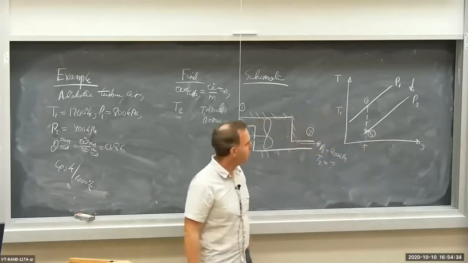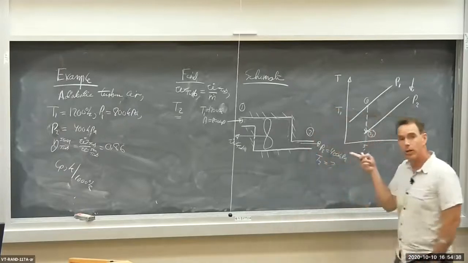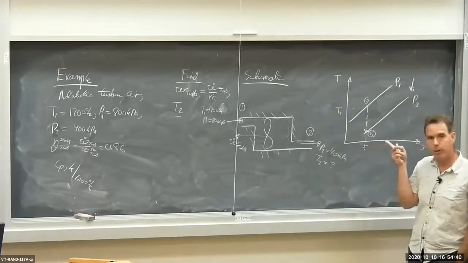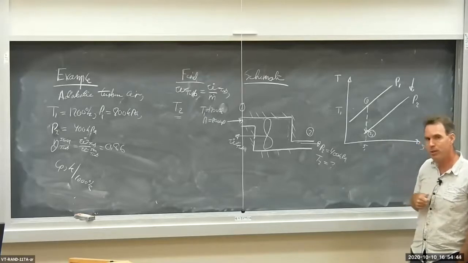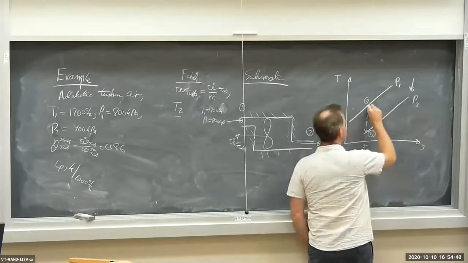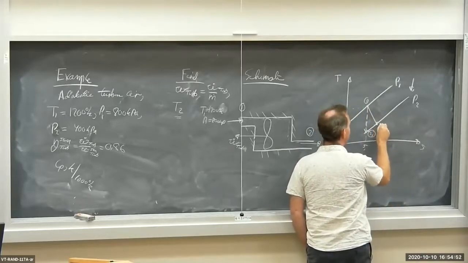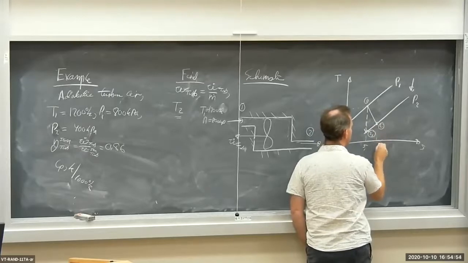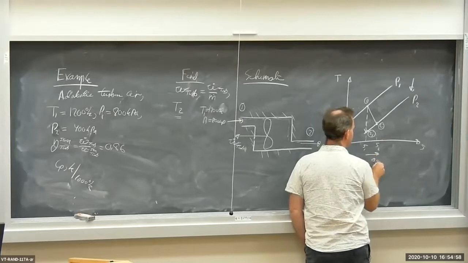And the real turbine has some presumably entropy generation. After all, it only produces 86% of the maximum possible work. So there's going to be some entropy generation inside of here. So the real device is going to have a positive delta S from state 1 to state 2.